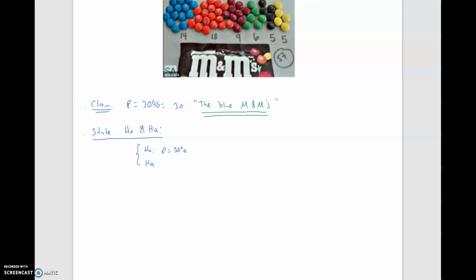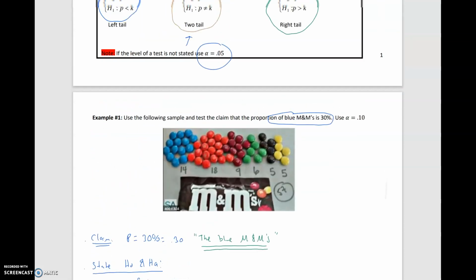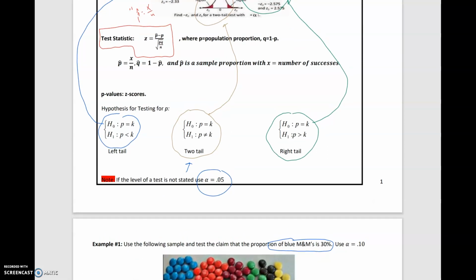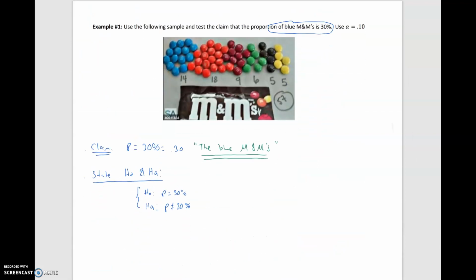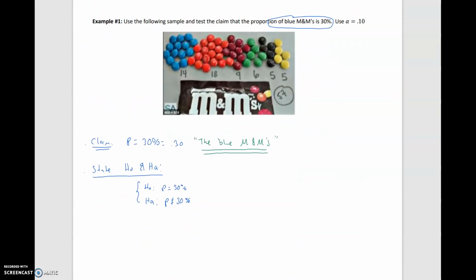And HA or H1 is going to have P is not equal to 30%. Notice that all of the H0s maintain equality. It is the H1 or HA, the alternative hypothesis, that changes. So at this point, we have the first two steps, which is the claim, and stating H0 and HA.